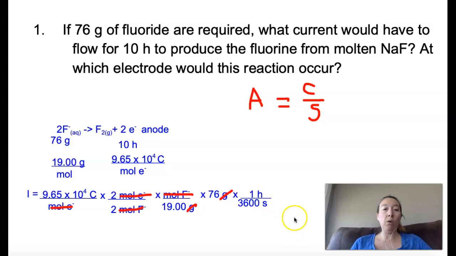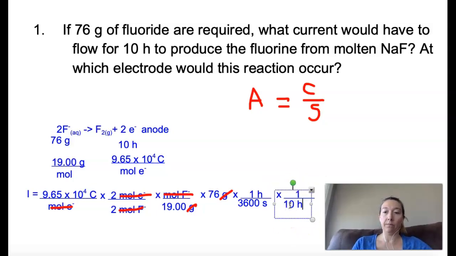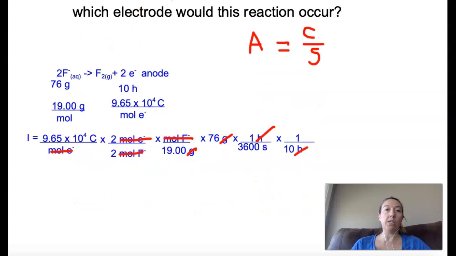So to get rid of the hours, I can then use the time that we had. Because hours is currently on top, we're going to times by 1 over 10 hours, right? And now we can get rid of the hours. Unit-wise, we are left with a coulomb over a second, which is equal to an amp.